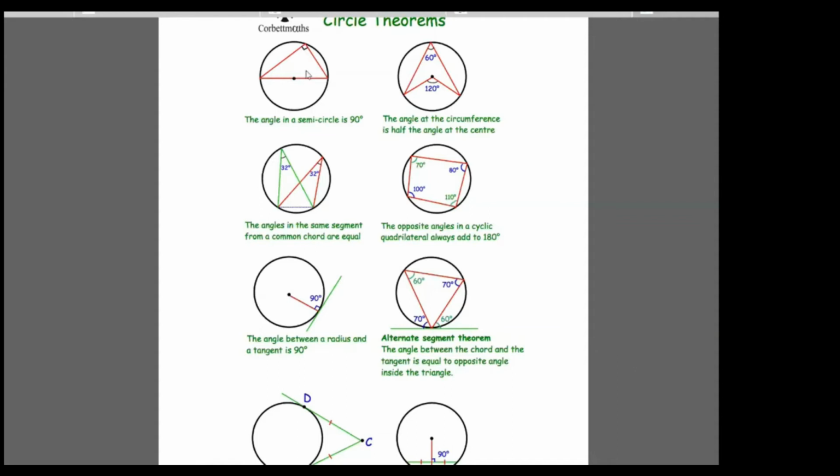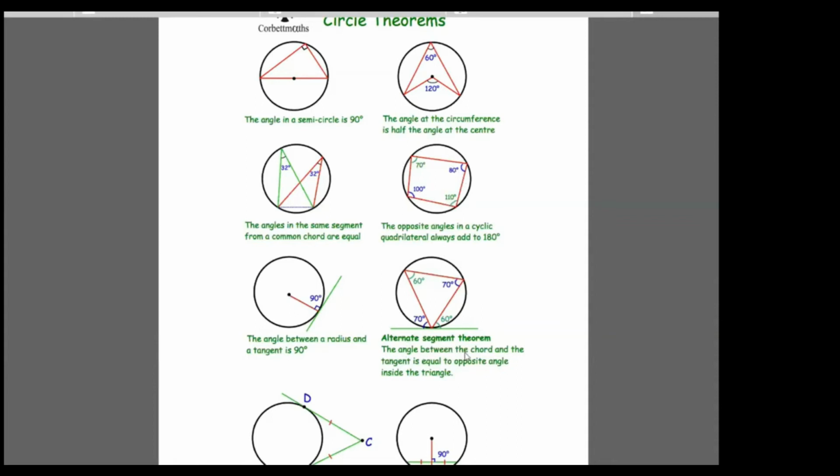The angle between a radius and a tangent is also 90. Angles in the same segment subtended by the same chord are equal. The angle at the center is twice the size of the angle at the circumference. Opposite angles in a cyclic quad sum to 180. Angles in a cyclic quad sum to 360.